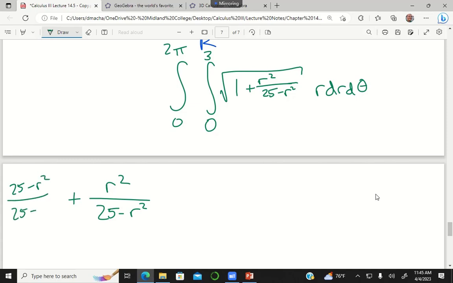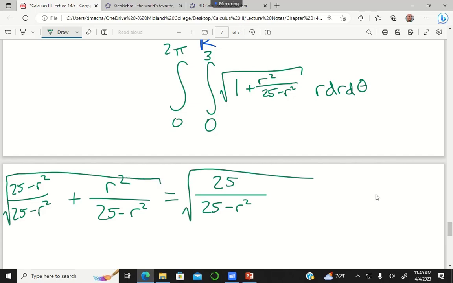Notice that's still the number 1. But now I can add these together, since they have a common denominator, and I would get 25 over 25 minus r squared. And this is in my radicand, right? So I could put a little square root over it, and now this is my whole integrand.